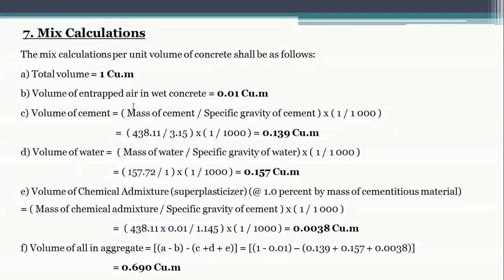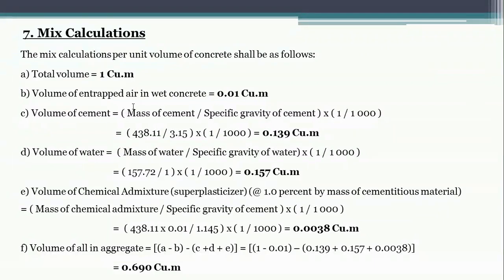Now we have taken the entire volume of concrete as 1. We have taken the volume of air, cement, water, and chemical admixtures. The only thing left is the volume of aggregates, that is the combination of both coarse and fine aggregate. To get the volume of aggregate, we have to deduct all these values from the total volume. So 1 minus 0.01 minus 0.139 minus 0.157 minus 0.0038.